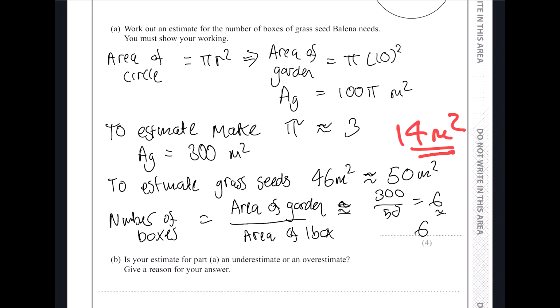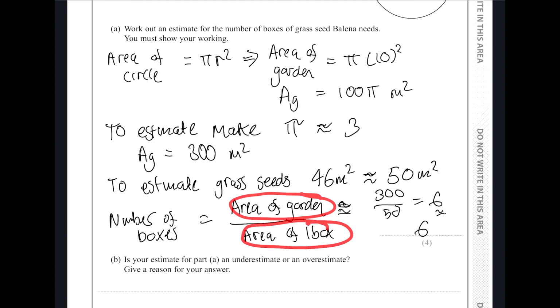Whereas here, to estimate the grass seeds, we also made this one bigger, but only by around 4 meters squared. So you made this one smaller by 14, and then you made this one bigger by 4.